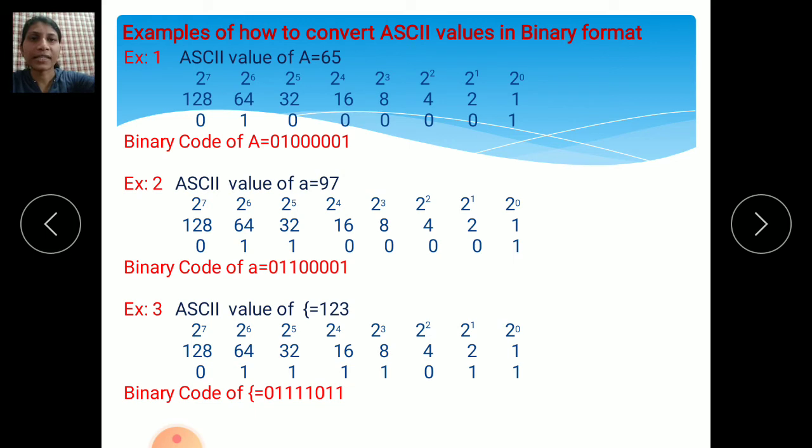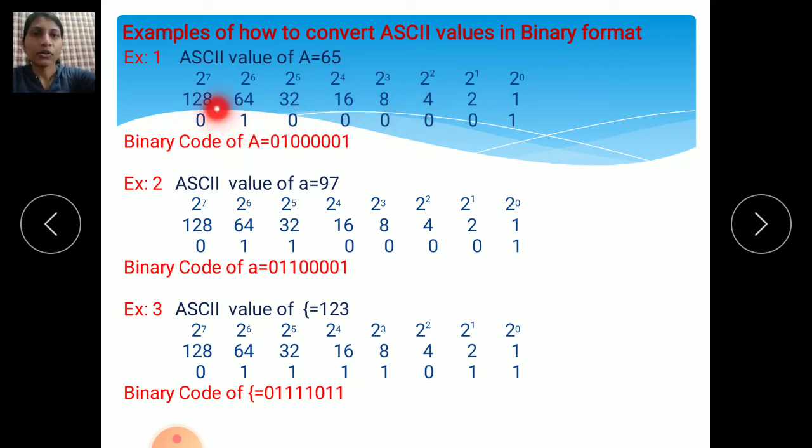See here, example 1, ASCII value of capital A. The ASCII value of capital A is 65. So how can we convert it? This is the format we will apply to convert this character into binary digits.